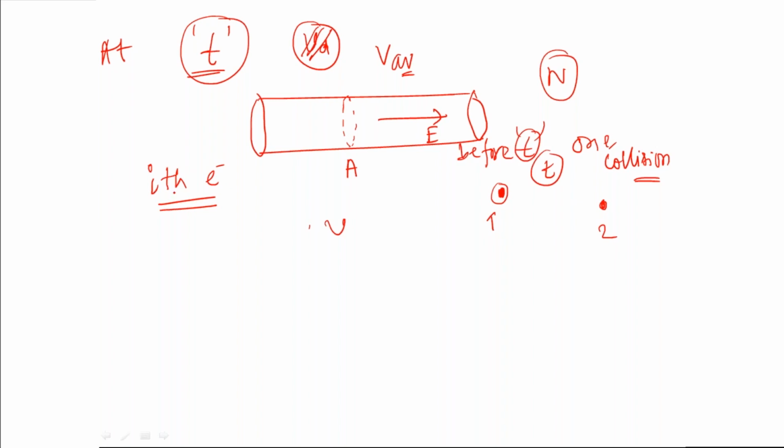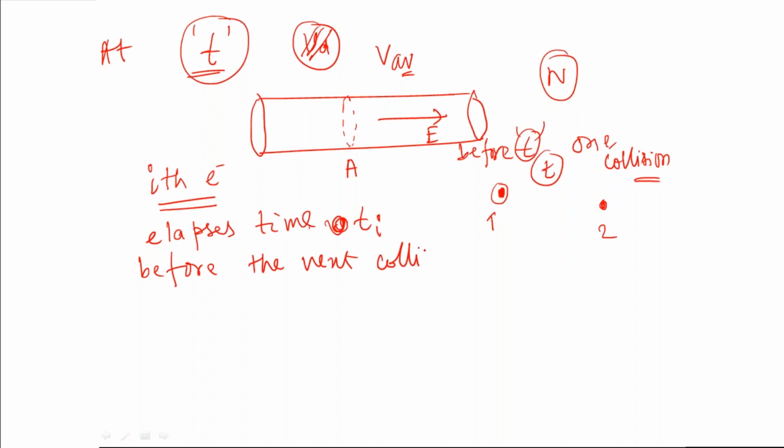So I have taken the ith electron, and suppose this ith electron has elapsed time ti before the next collision.